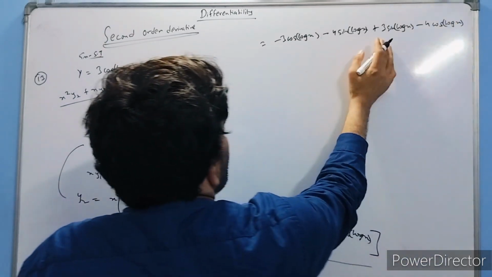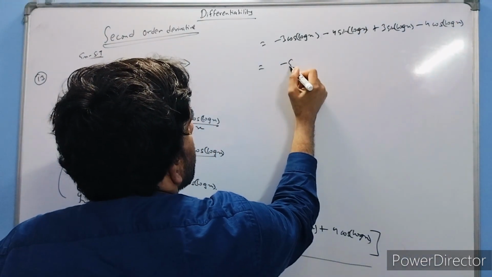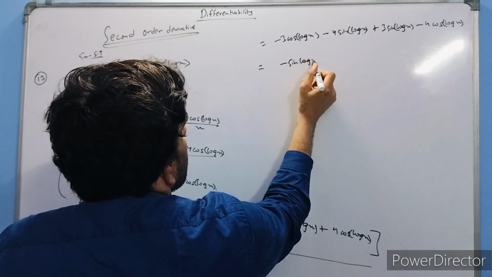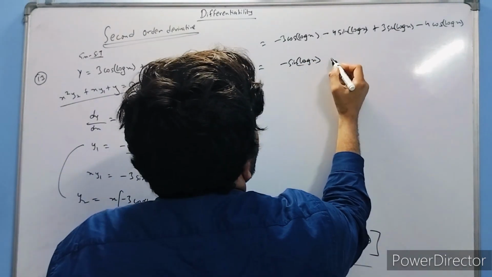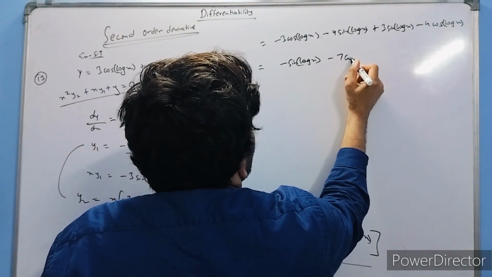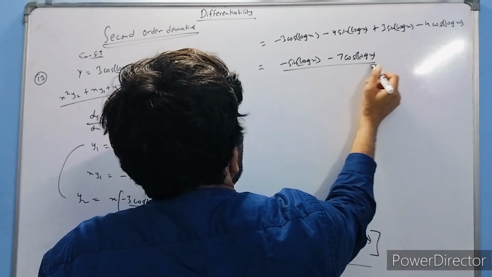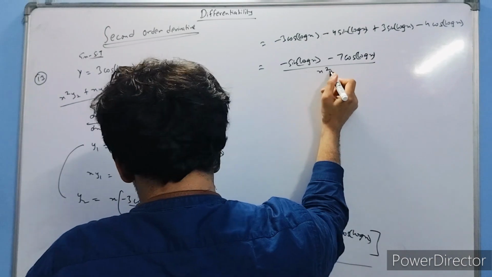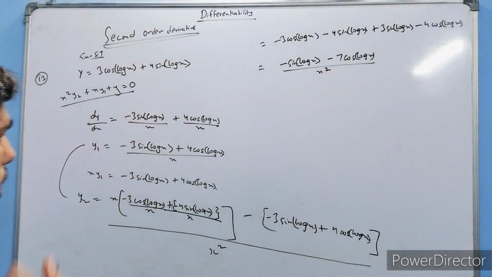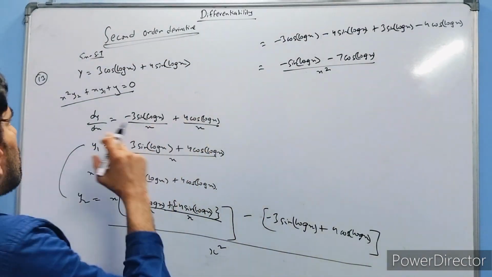So what we have here is minus sine log x and minus 7 cos log x upon x square. Now we'll put this value here.